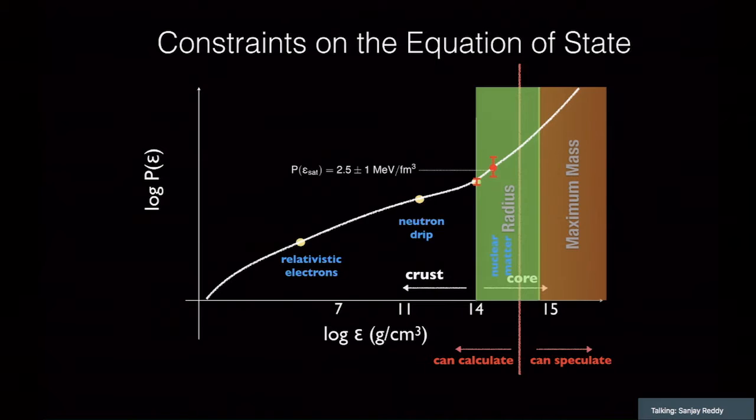So for all of these reasons, at 10^14 grams per centimeter cubed, the equation of state is very well known. Now, as you go to 2.5 times 10^14 grams per centimeter cubed, that's the saturation density, you begin to see that the error in the pressure begins to increase, because in a low energy effective theory, as you go to higher densities, you explore nucleons with larger momenta.